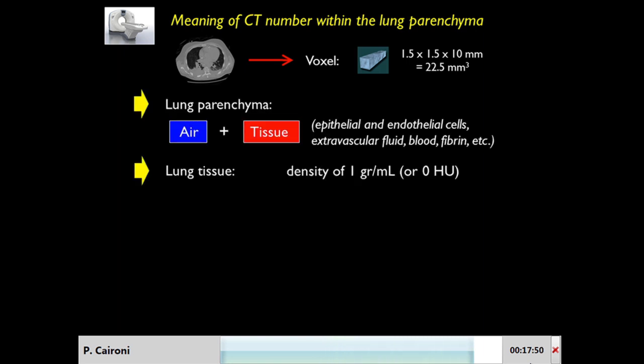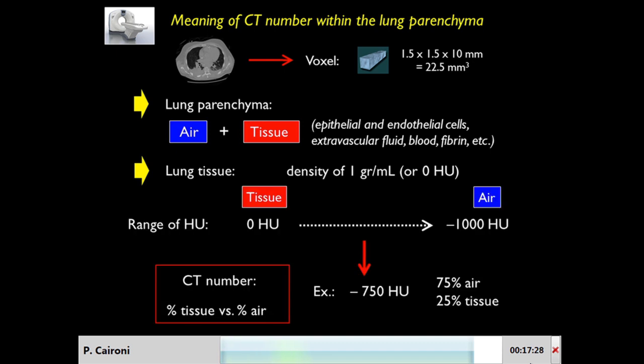If we consider lung parenchyma as a mix of air and tissue, and with the term tissue we include epithelial and endothelial cells, extravascular fluid, so edema, blood, fibrin, and all cellular debris, and we assume that the lung tissue density is equal to 1 gram per ml, we end up with a region of lung expressed in Hounsfield units, which measure the density of the voxel. The range is between 0 Hounsfield units, which corresponds to all tissue, so no air at all, and minus 1,000 Hounsfield units, which corresponds just to air.